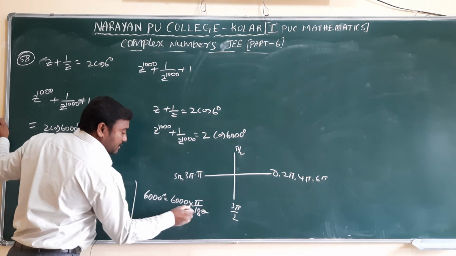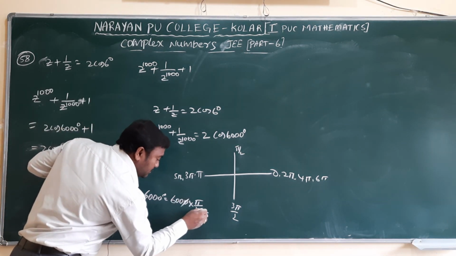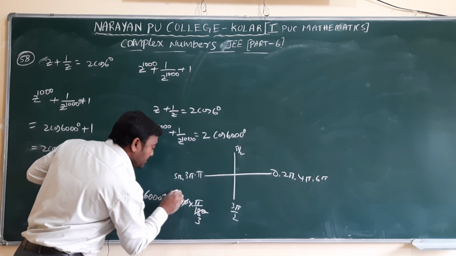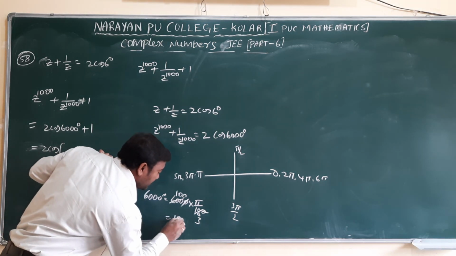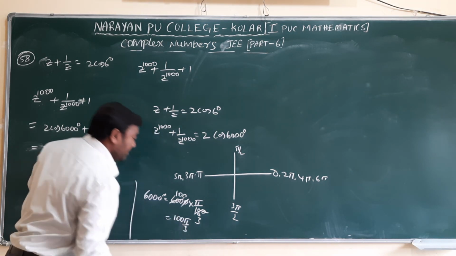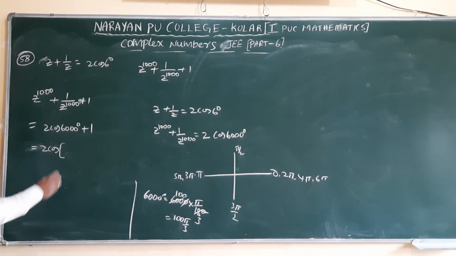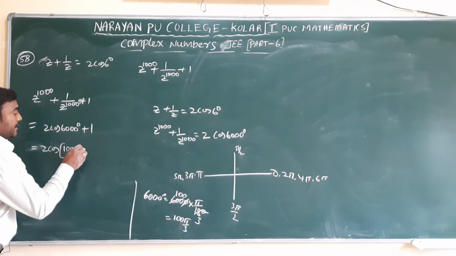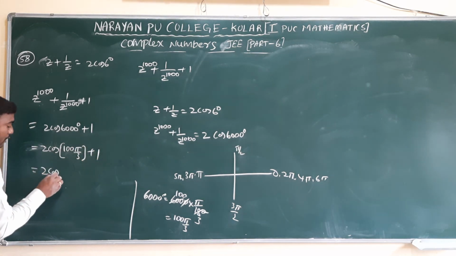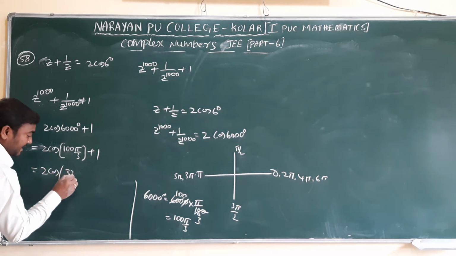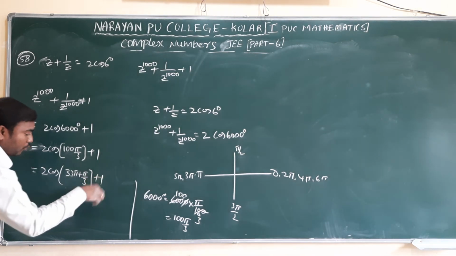So 0, 0 get cancelled. 6 threes are 18, we get 600 by 18, that is 100 pi by 3. The 6000 degree value converted into radians gives 100 pi by 3. So 100 pi by 3 plus 1, it can be 2 into cos of 33 pi plus pi by 3 plus 1.